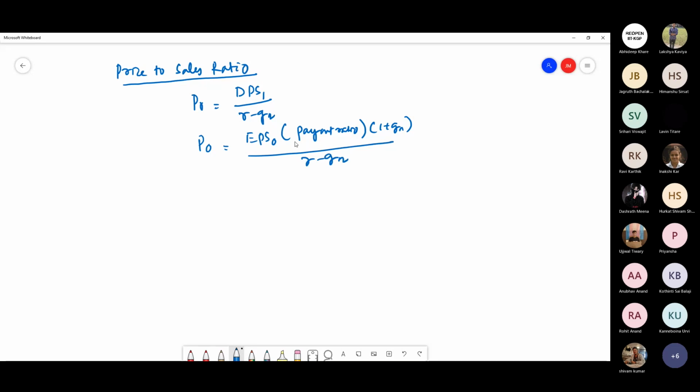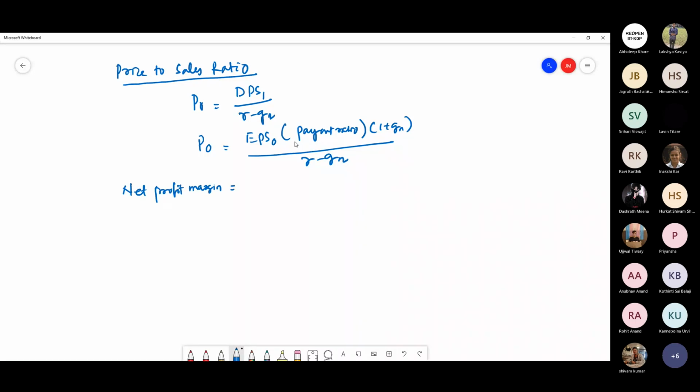And there is a ratio, maybe some of you know, called the net profit margin. Any margin we calculate for a company always has sales in the denominator.